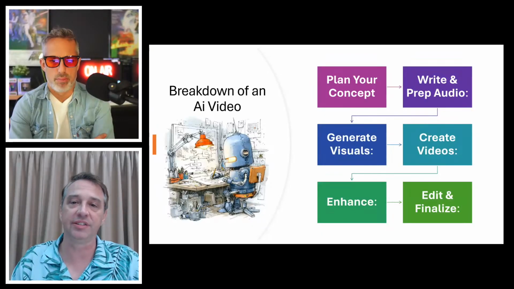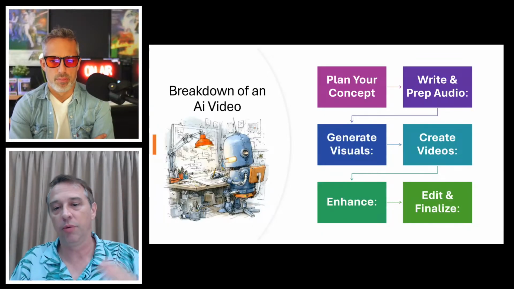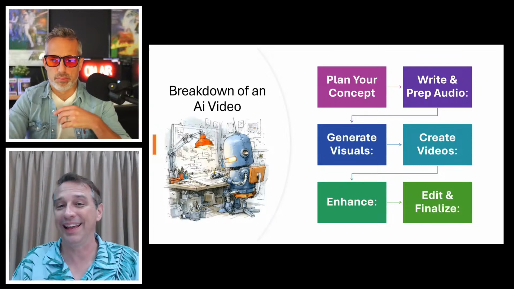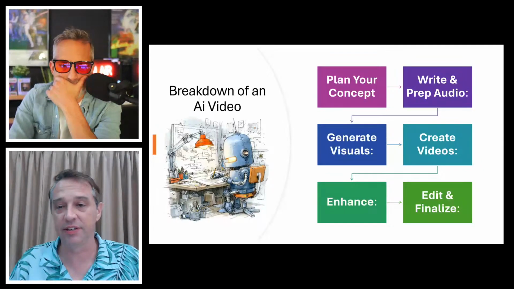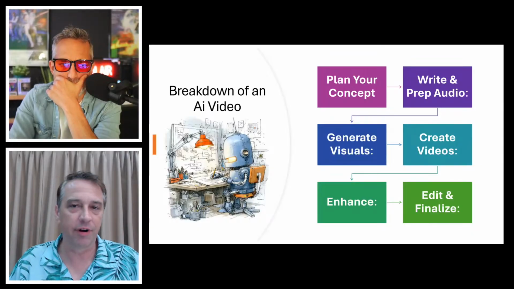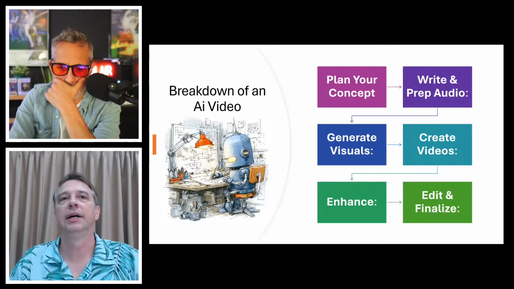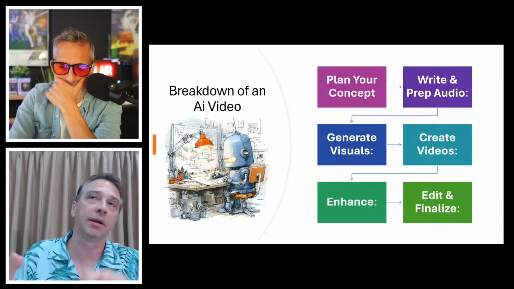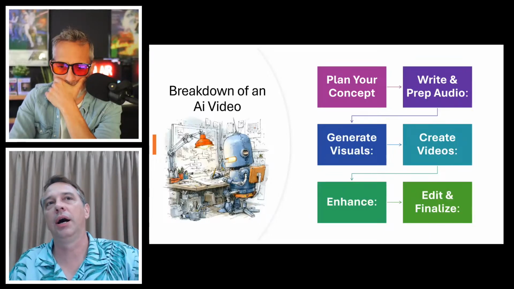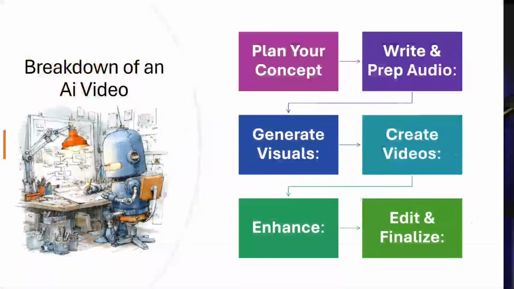So here's a basic workflow I'm going to give you. The first part is to plan your concept. Maybe this is just an idea you have, but you've got to come up with an idea. What type of video are you going to make?